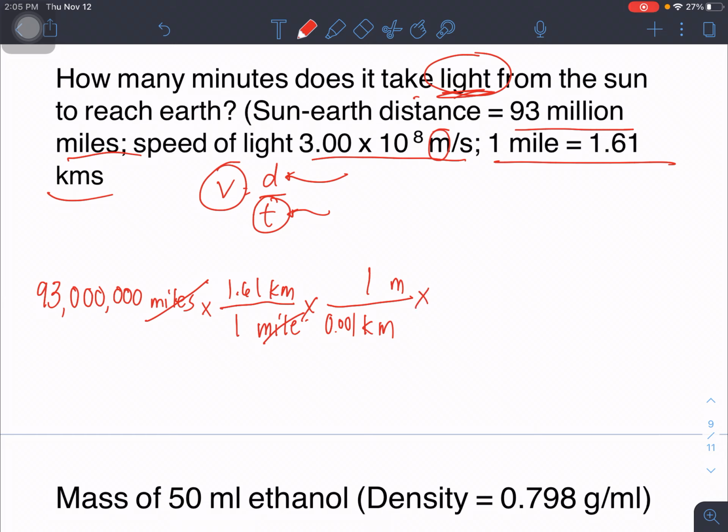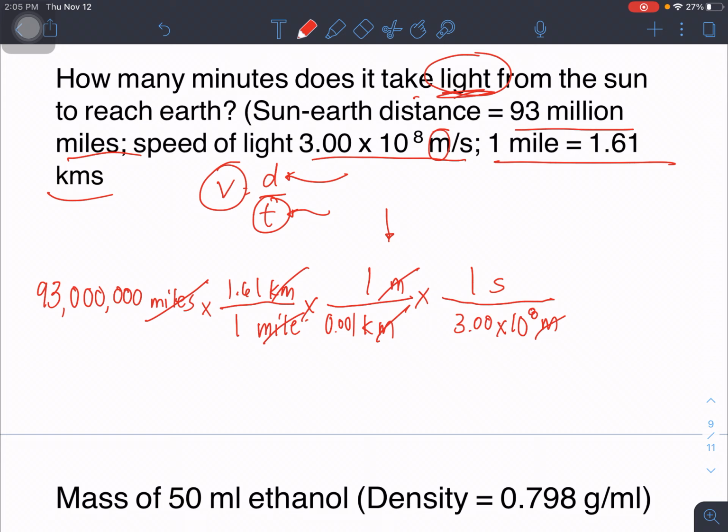Okay, so meter, so I would like to convert it to time. So I will be having meter as the answer at this part. Okay, so we'd like to use time. So in every 1 second, the light travels 3.00 times 10 raised to 8 meters. Okay, so we will be canceling out meters here.